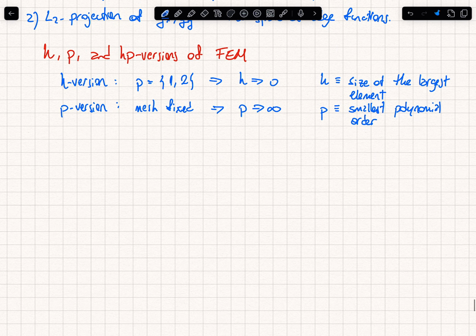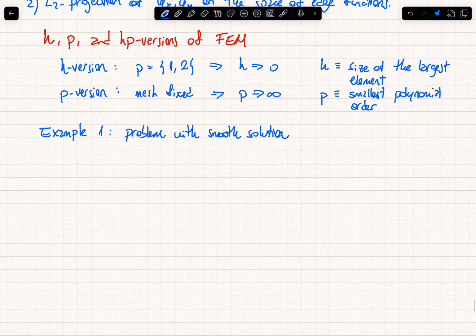Okay, well, we're going to look at a couple of examples of problems. The first one is a problem with a smooth solution. And well, for this, I have a, let's say, a bar. Again, we're going to be always looking at bars.